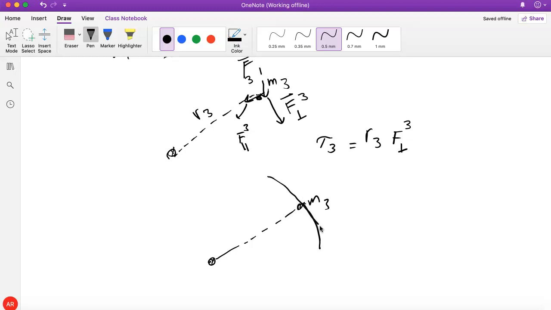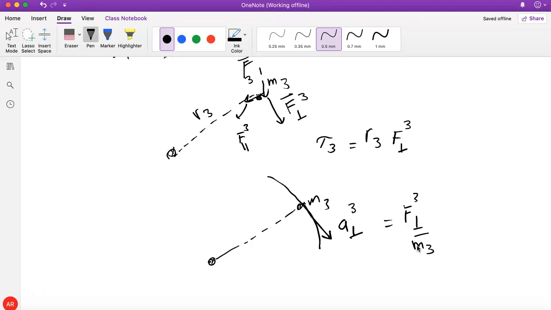So if I take this acceleration that's tangent to the circle, the tangential acceleration, let's call it A perpendicular, that's going to be the force divided by mass. Right? They're both in the same direction. Okay?